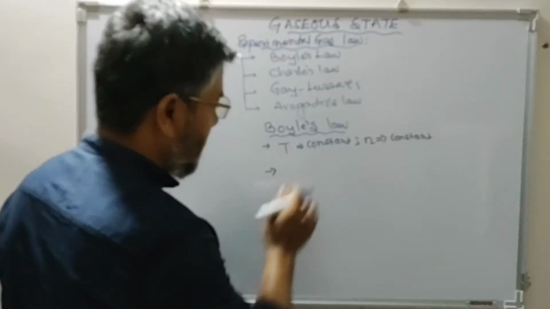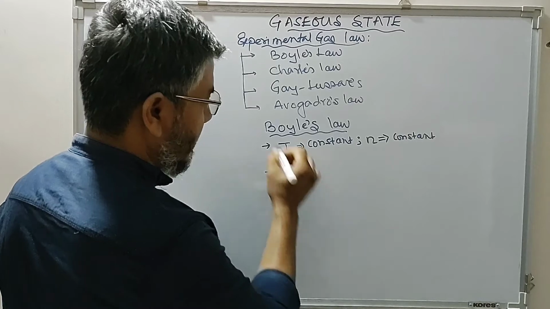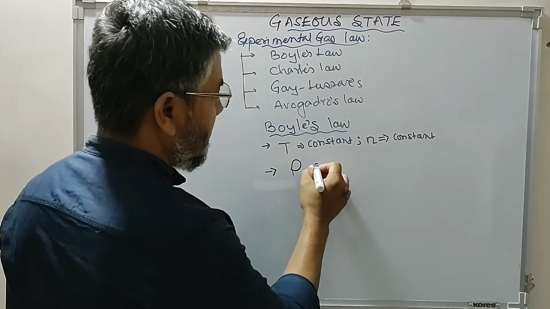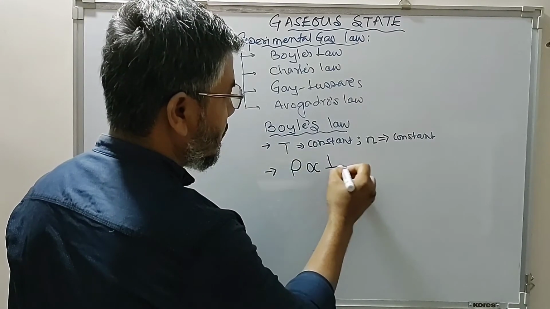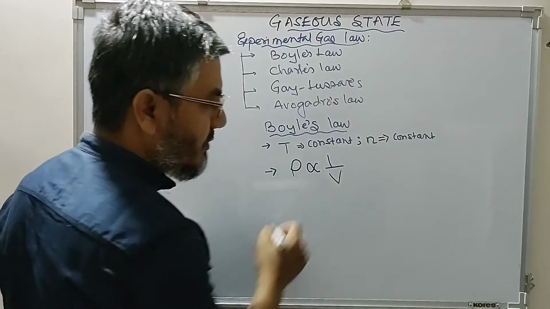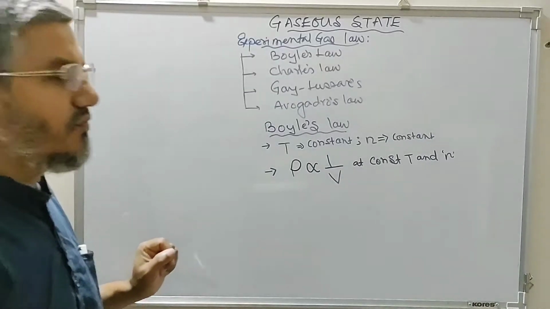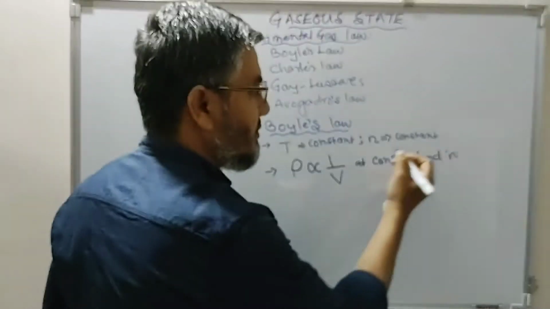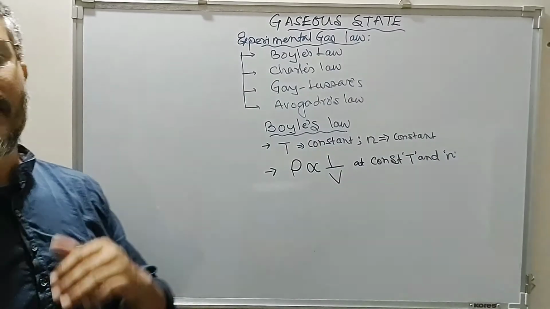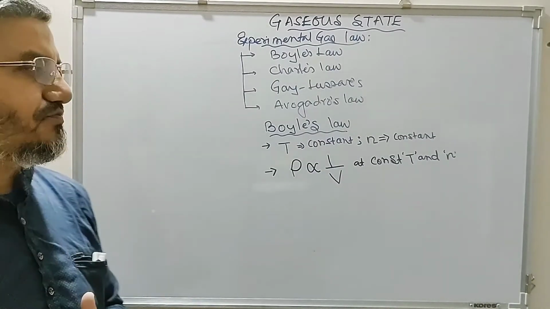So pressure exerted by the gas is inversely related to the volume occupied by the gas at constant temperature and amount of mass, or at constant temperature and for a fixed mass of gas.